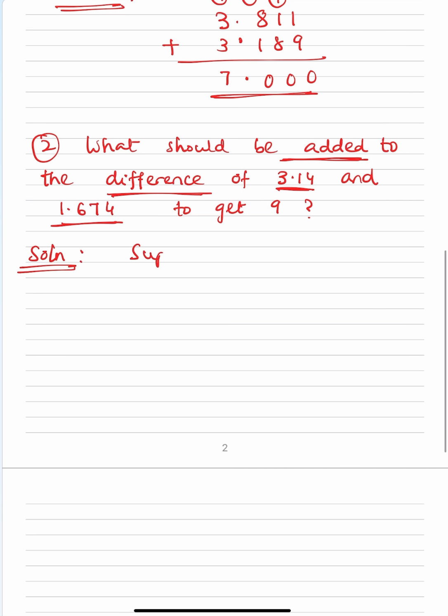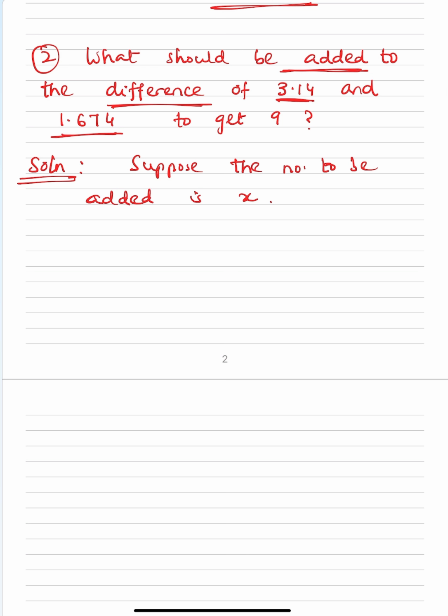We will suppose the number to be added is x. Now see, here it is said that x should be added to 3.14 and 1.674's difference. So we will get 9.